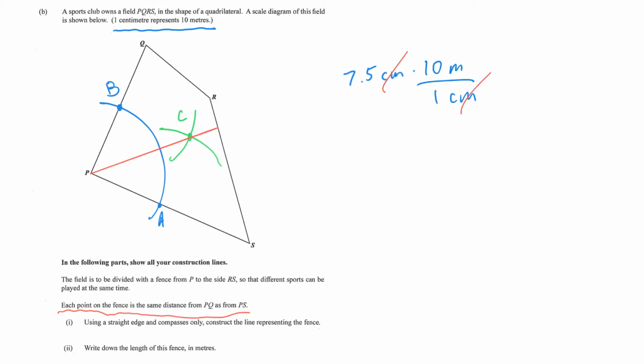The centimeters cancel out, leaving you with 7.5 times 10 meters, or 75 meters. And that is your final answer for part 2.